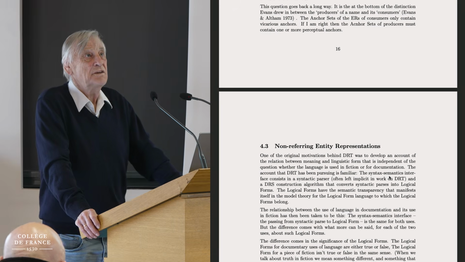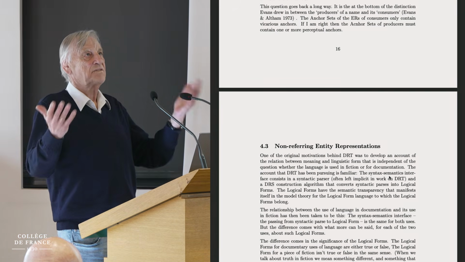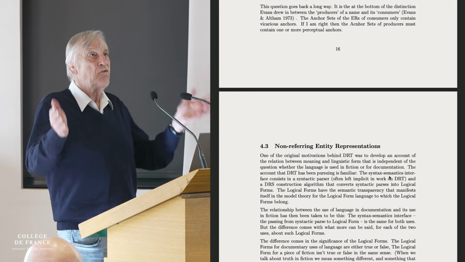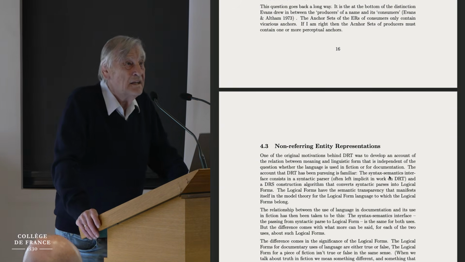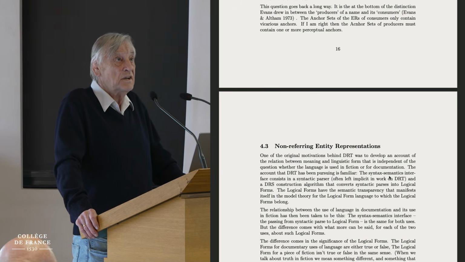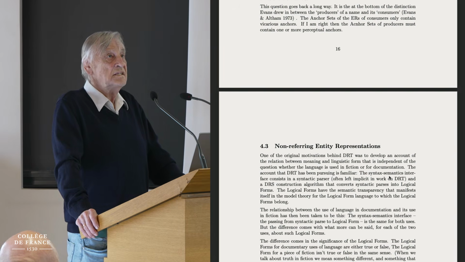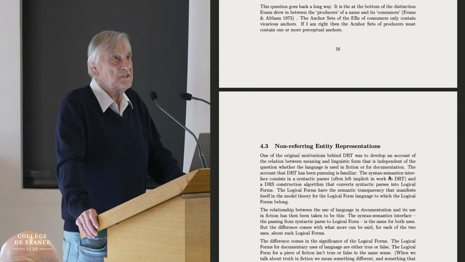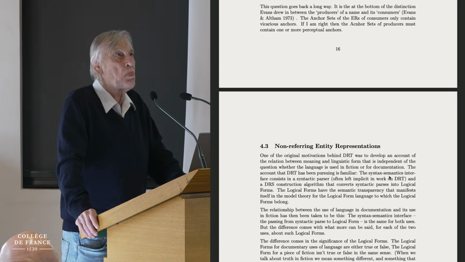So if we use entity representations also in the construction of logical forms for fictional texts and stories, then there is something in the entity representations I've so far discussed that has to go, and that is the pretense, the assumption that they do represent things in the actual world.